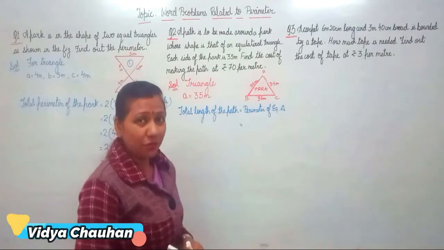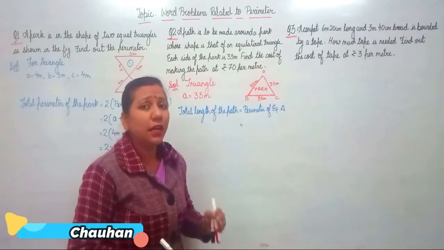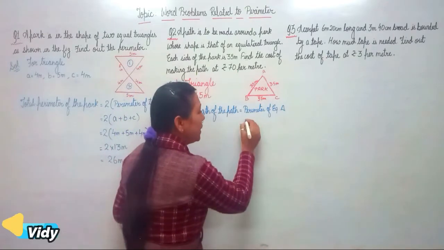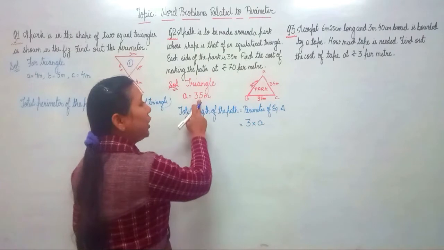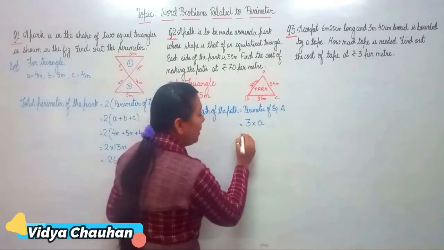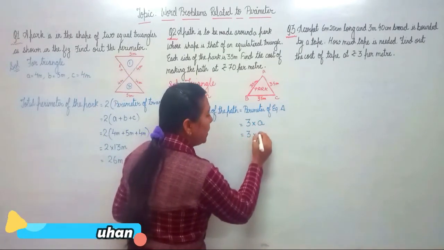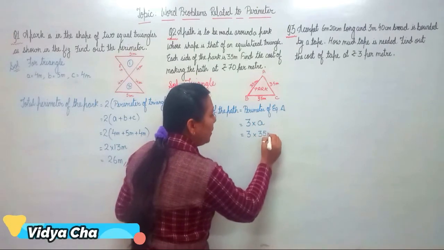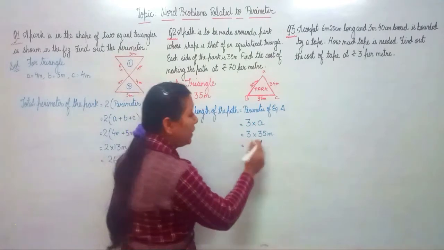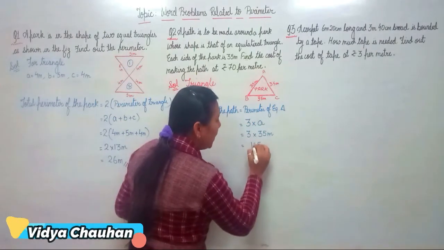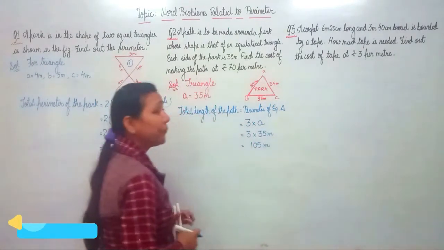So what is the perimeter of an equilateral triangle? Yes students, we have discussed it is 3 into side. So it is 3 multiplied by side A. What is A equal to? A is equal to 35 meter. So it is 3 into 35 meters. Now we will multiply 35 with 3. That will be 105 meter.